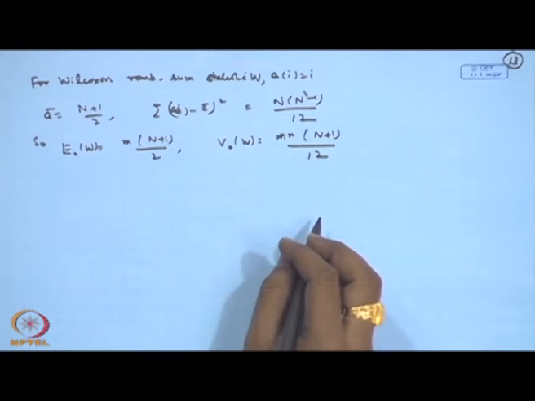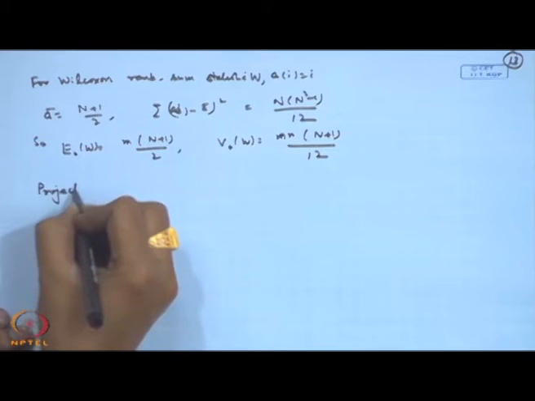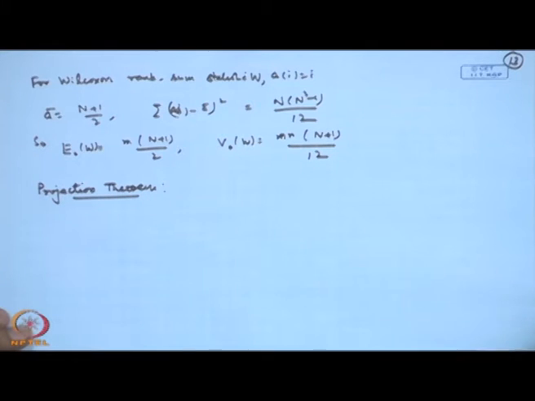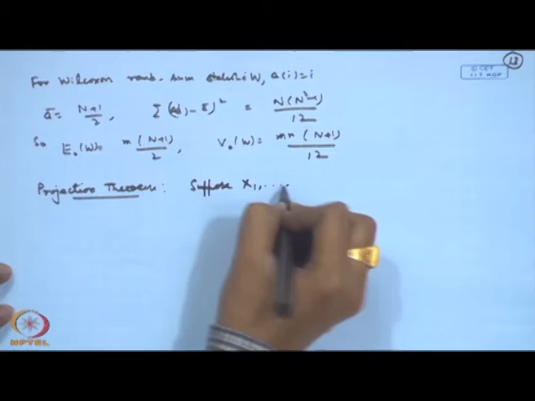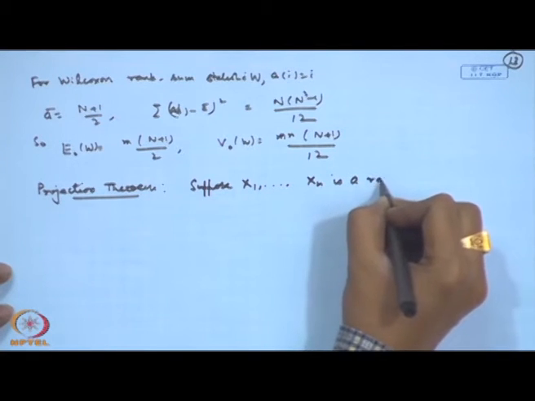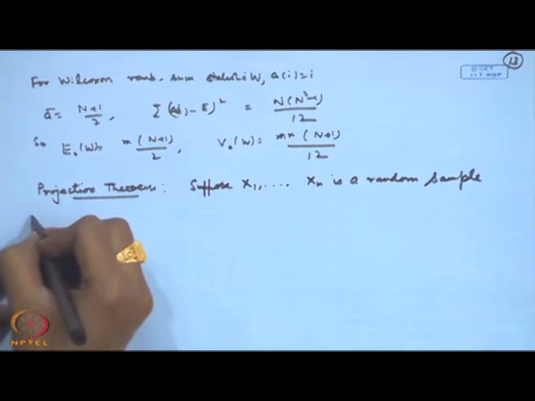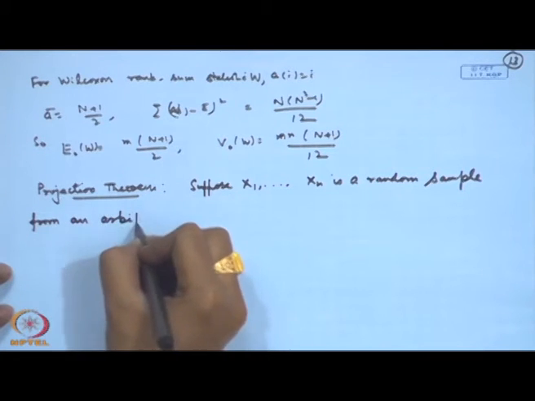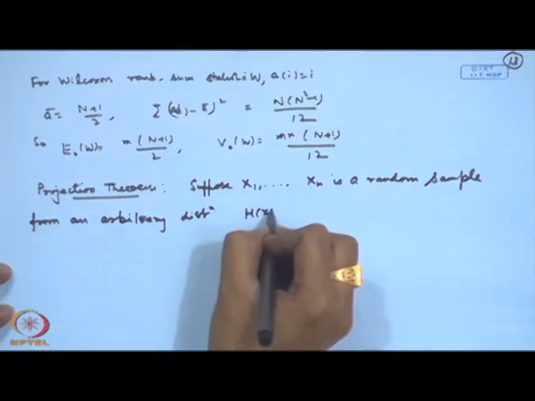Next we consider the concept of projection. So, we state a theorem here, we call it a projection theorem. Suppose X_1, X_2, ..., X_n is a random sample from an arbitrary distribution h(x).